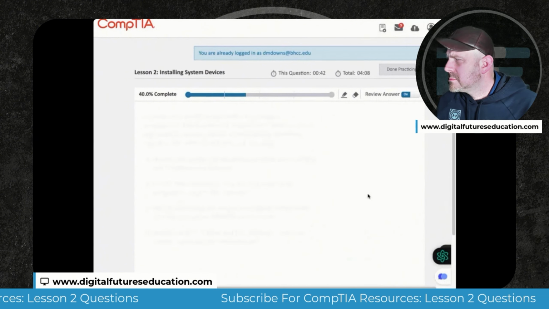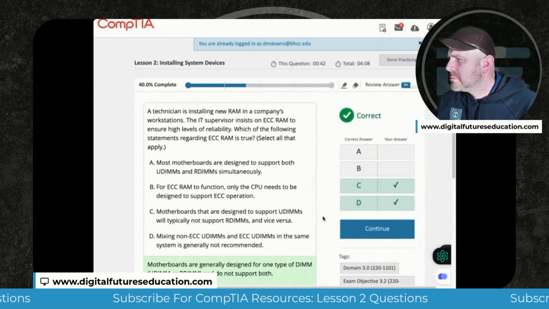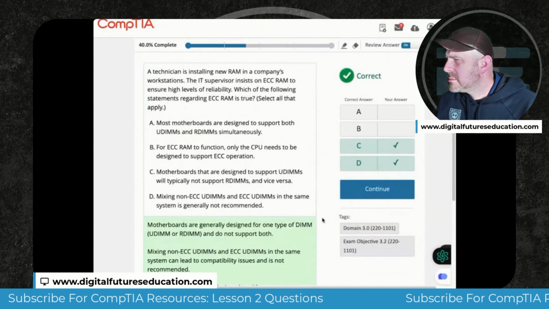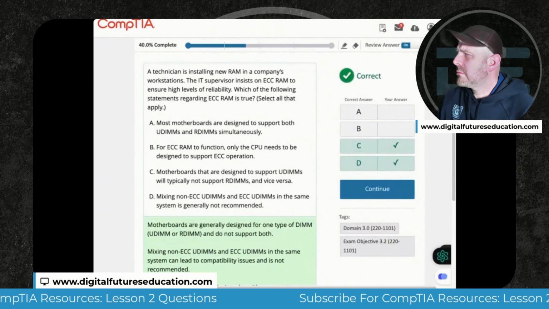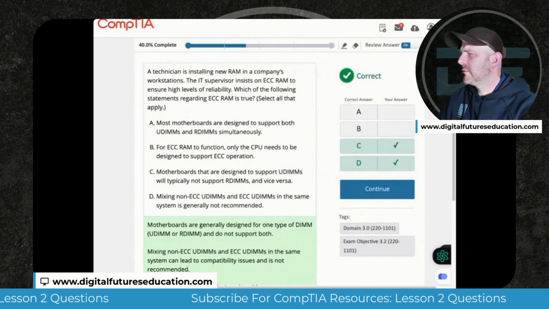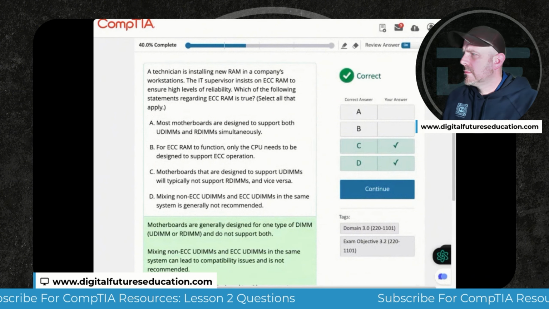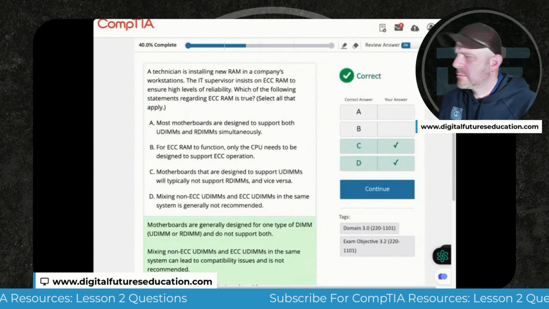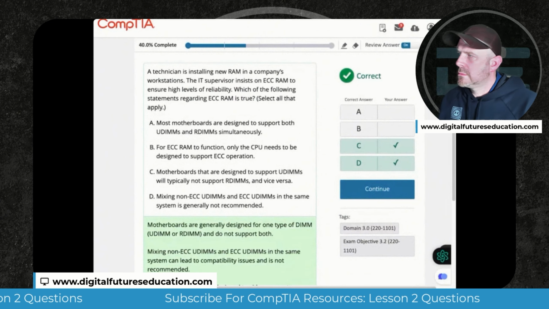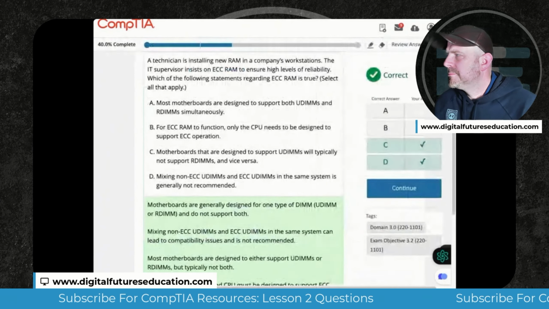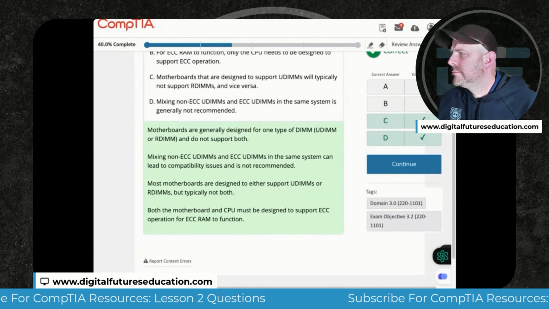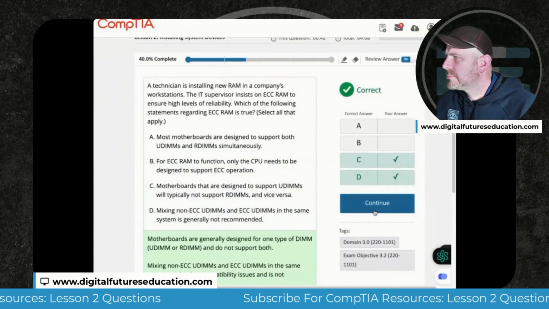We try that. That is correct. Motherboards are generally designed for one type of DIMM, UDIMM or RDIMM, and not for both. Mixing non-ECC UDIMMs and ECC UDIMMs in the same system can lead to compatibility issues and is not recommended. And then there's always a little extra here if you want to take a look. All right, we'll keep going.